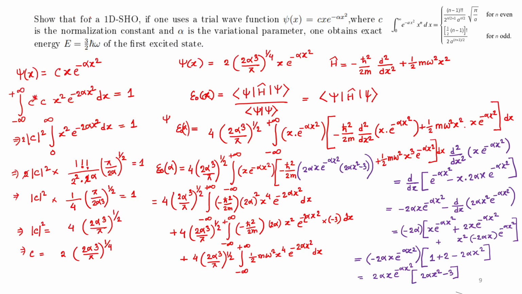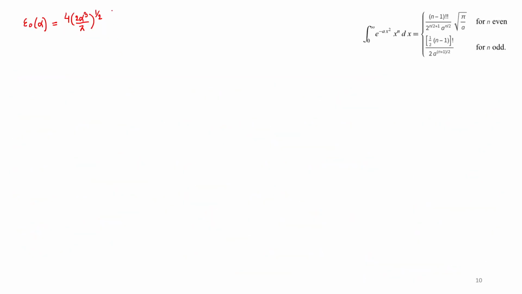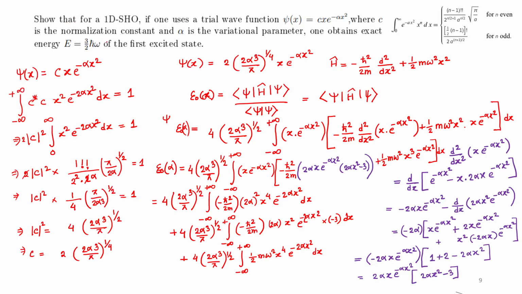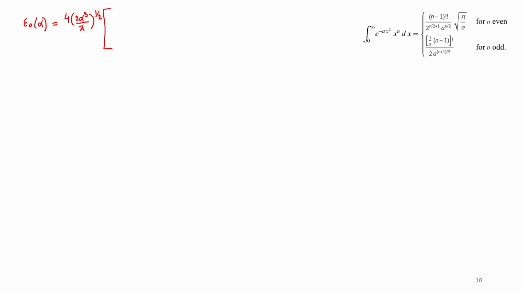But this is actually common in all the things. So let me take a third bracket here. Then I have minus h cut square by 2m into 4 alpha square.